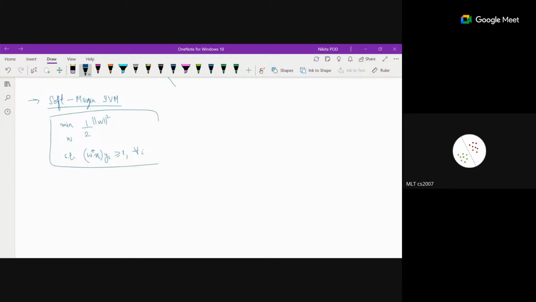This problem can be modified to min over W of half of norm square of W, subject to the constraint that W transpose xi yi plus, now we'll take some epsilon also.